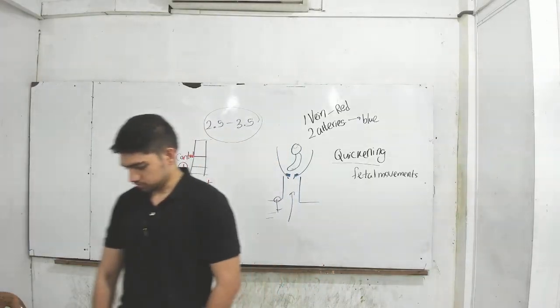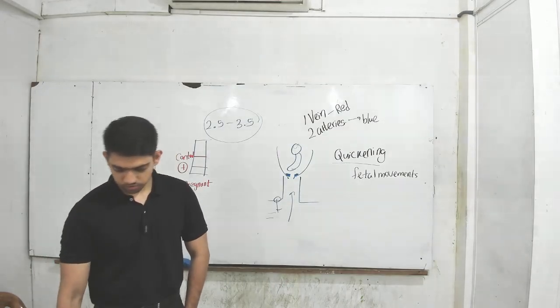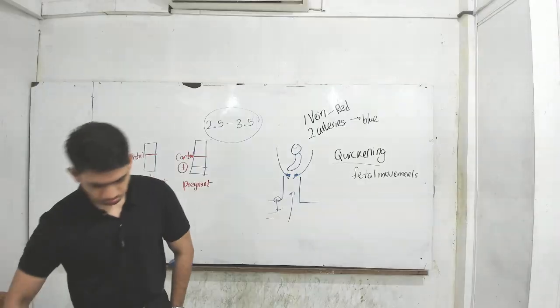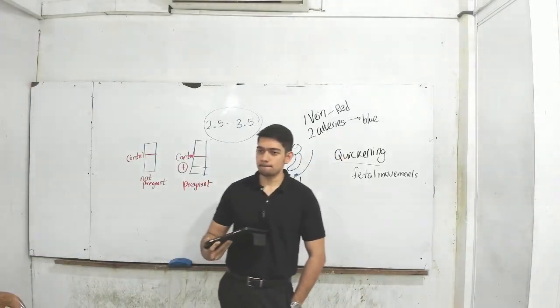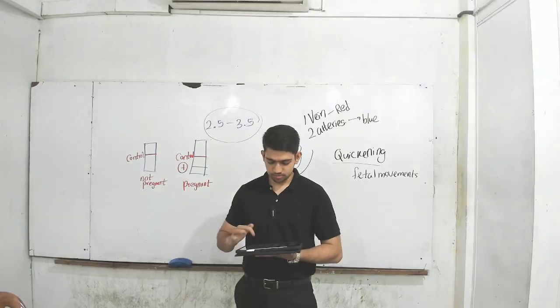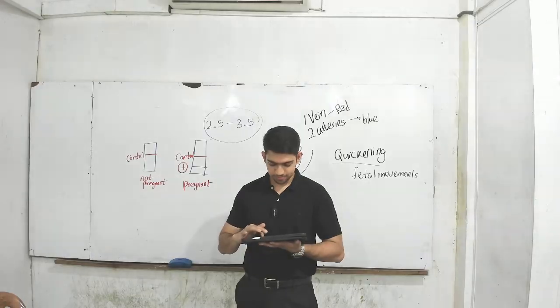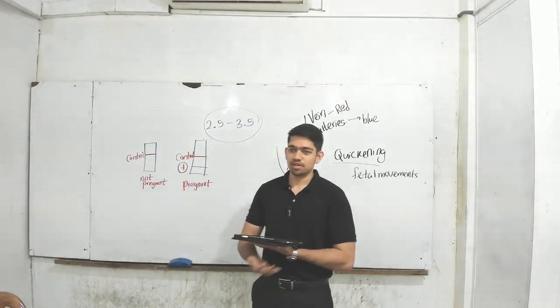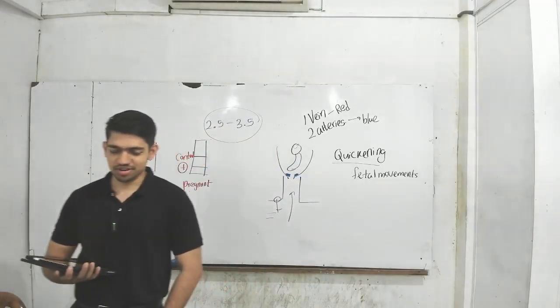One of the tricky things that happened was, what are they asking? Only the menstrual cycle. So, what do you have to write? Only whatever is happening in the uterus, right?